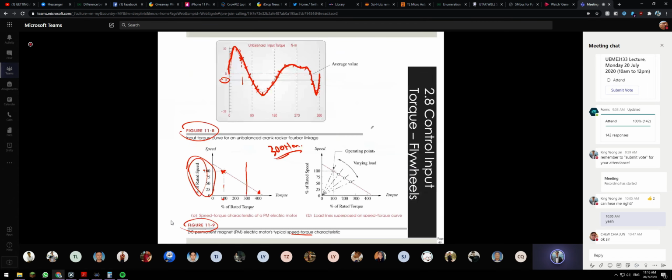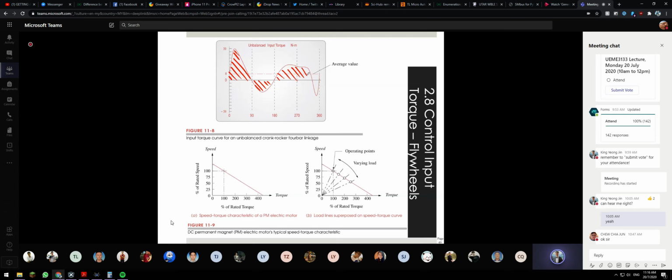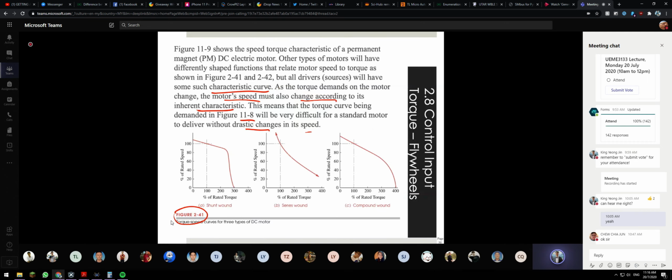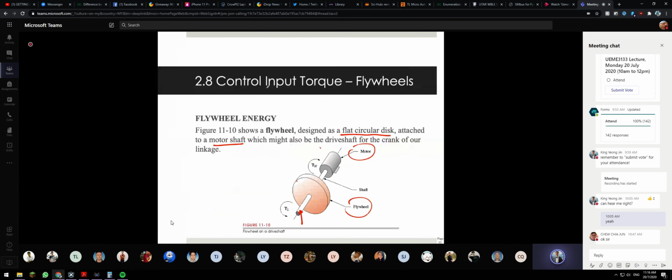When we do the integration, we are trying to find the area under the curve, so it should be here, here, and here. The top two will minus the bottom two, and then we find the average torque.